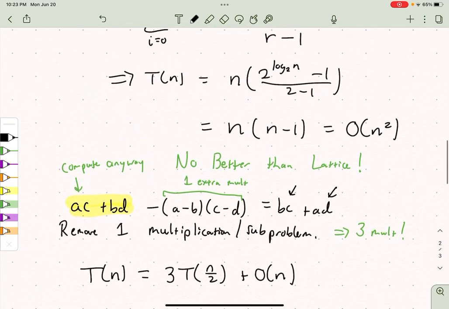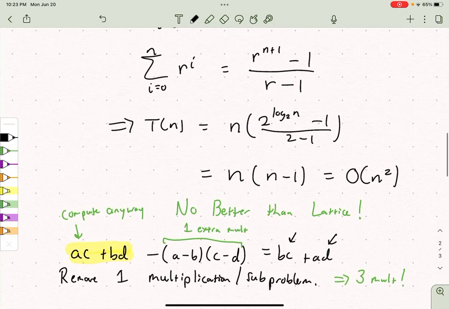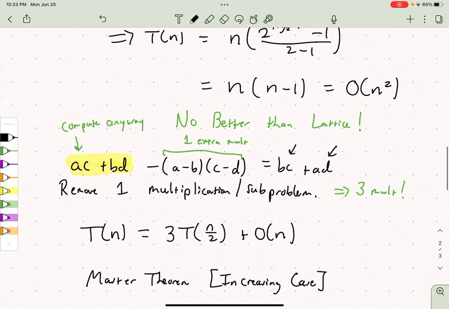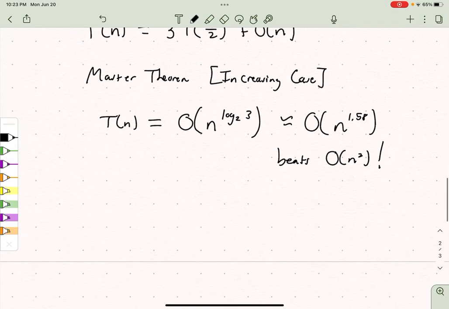Now, we again want to think about correctness. So what's the correctness argument? Well, here it's easy because we're just using an algebraic identity. So we know by definition that x times y equals that expression above.